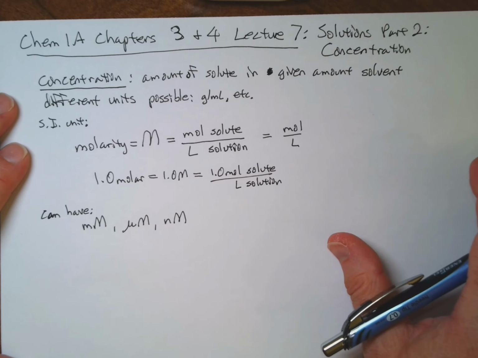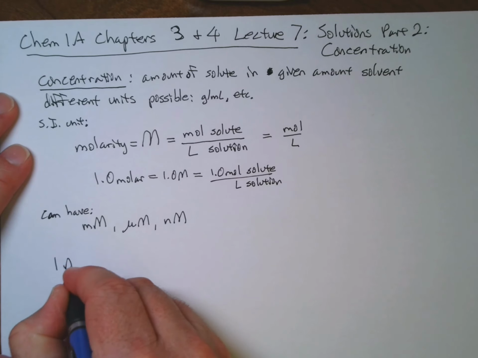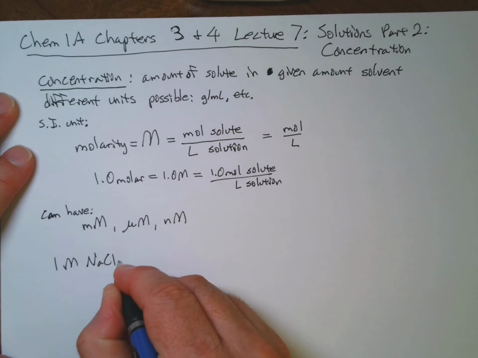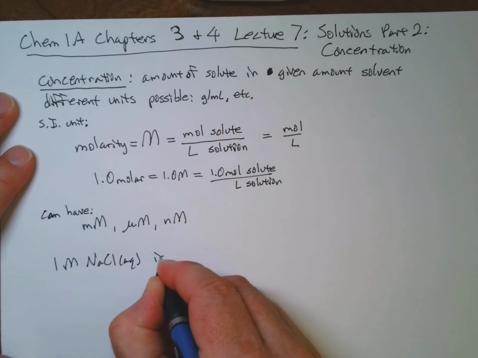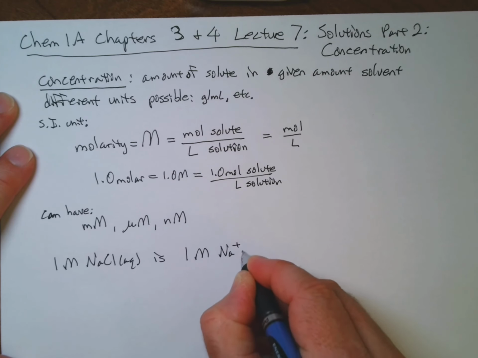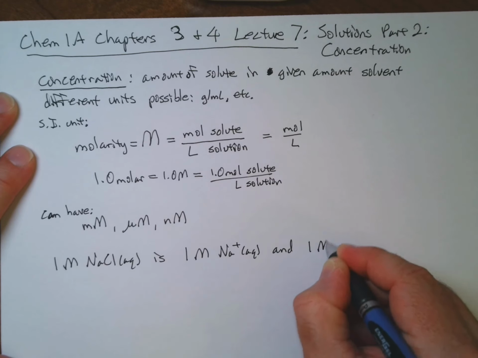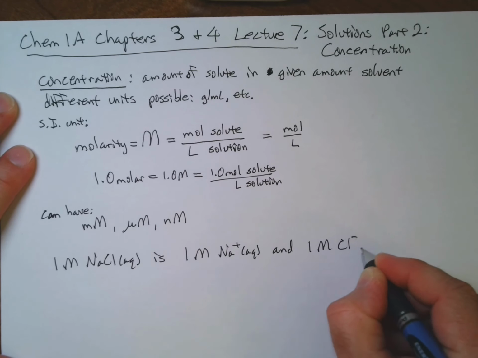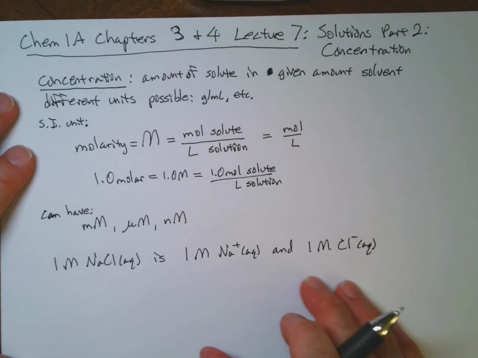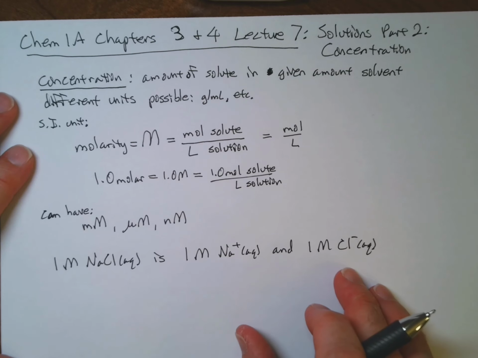The actual concentrations of ions can differ. So 1 molar NaCl aqueous is 1 molar Na plus aqueous and 1 molar Cl minus aqueous. So it's actually 2 moles per liter of ions. Just half of them are sodium and half of them are chloride.